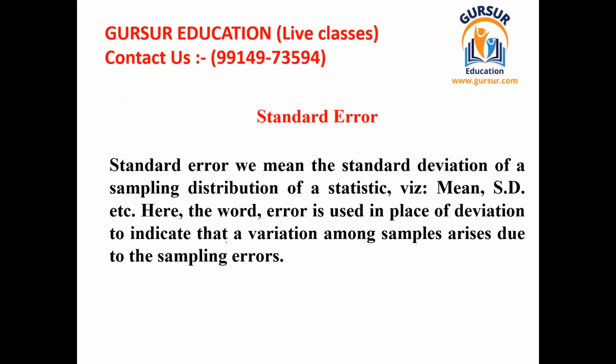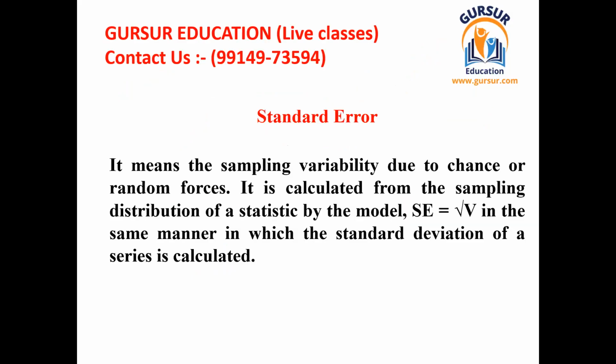Hope you would have understood this, and no other lines are necessary to go through. So standard error, simply, is the variability due to chance or random factors. It is calculated from the sampling distribution of a statistic. Population distribution is this, sampling distribution is also this, but it is smaller in size as usual.